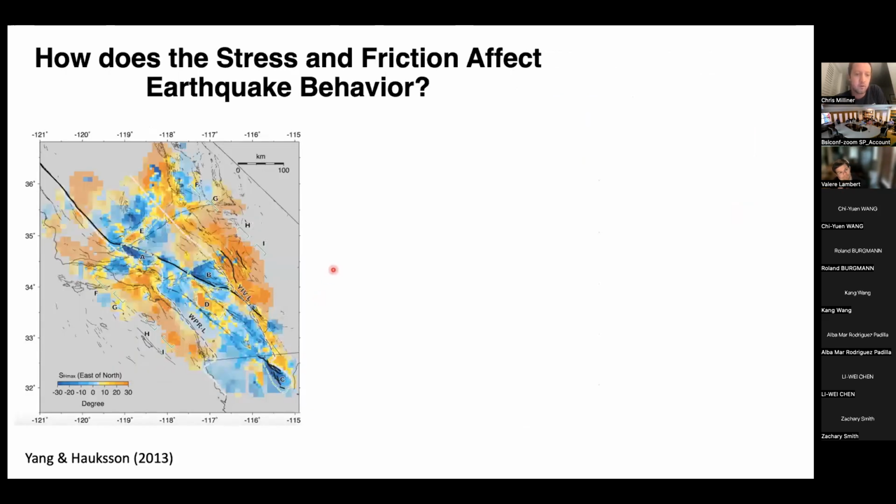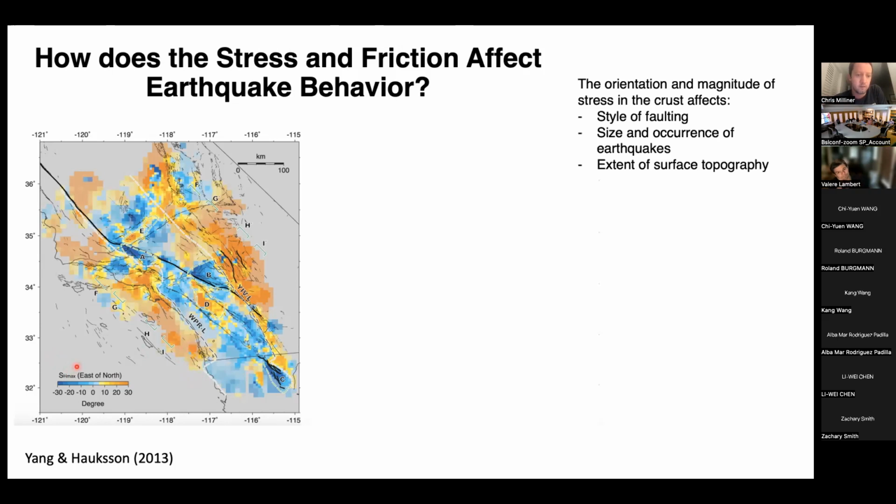First of all, we just want to quickly go over why we are interested in stresses and friction. How does it affect earthquake rupture? So this is a really nice figure from Jan Hoxton showing the heterogeneity of the SHmax direction in Southern California. SHmax is the direction of maximum horizontal compressive stress. Constraining the orientation of stress is important because it gives us an idea of the style of faulting to expect.